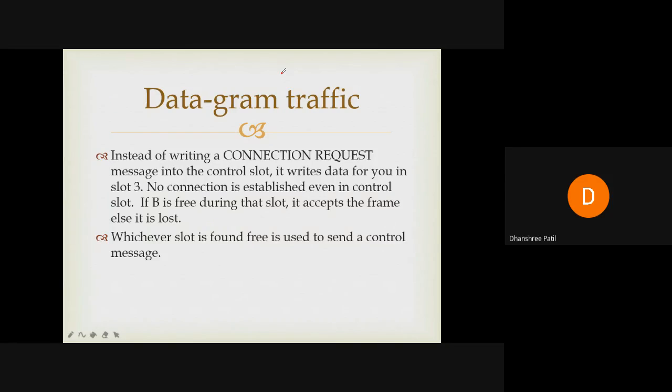So the next question is, which protocols are used in the case of wireless LAN? Which are these protocols? Which protocols are used to handle wireless LAN?